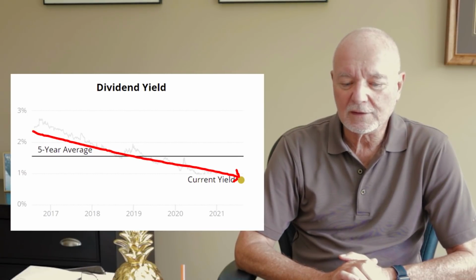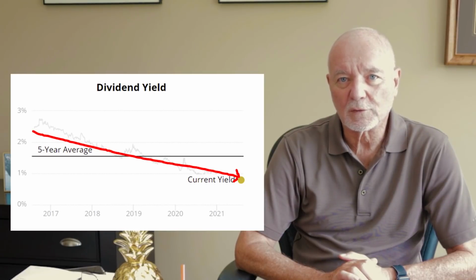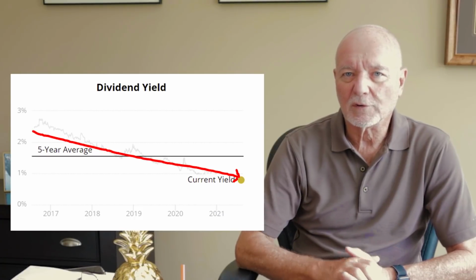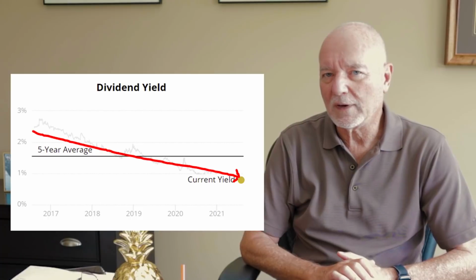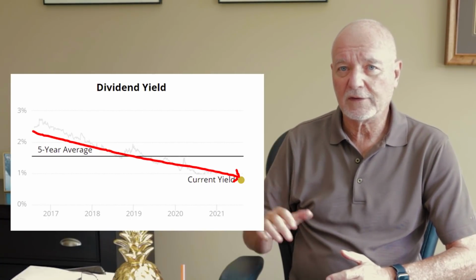Its yield has slid over the past 5 years. While it used to have a yield approaching 3%, it's now just 0.8%. The important thing to remember is that the number of dividend dollars being paid out by Microsoft hasn't changed.